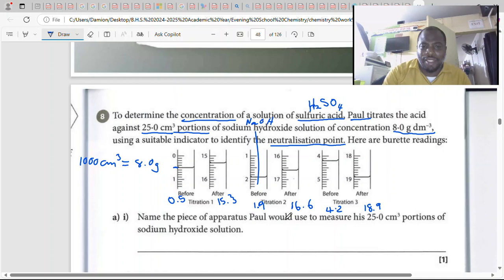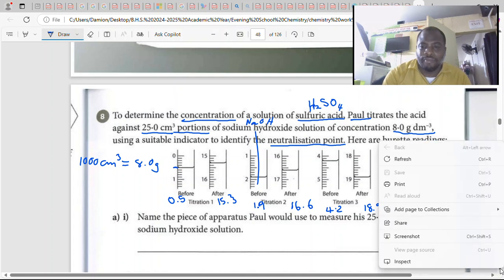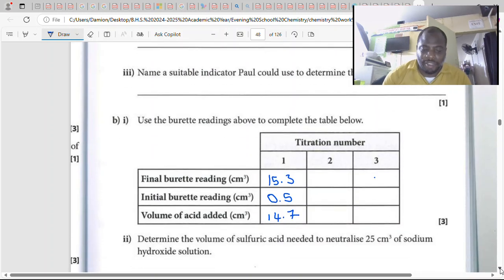We said 1.9 for the initial, and the final was, what was the final? 16.6. And so how much is this again? 14.7.